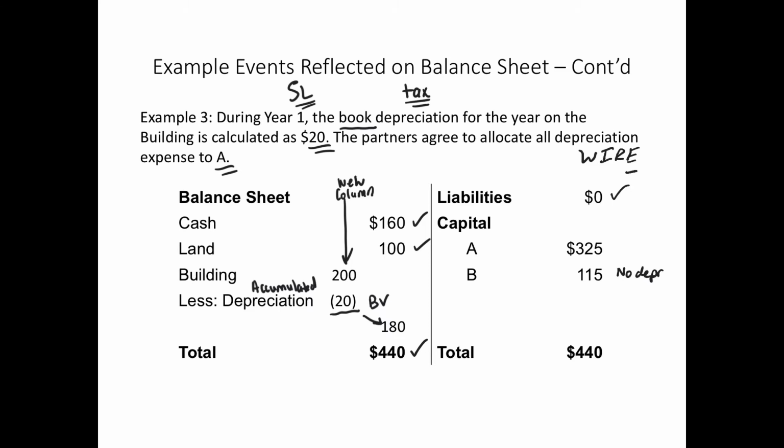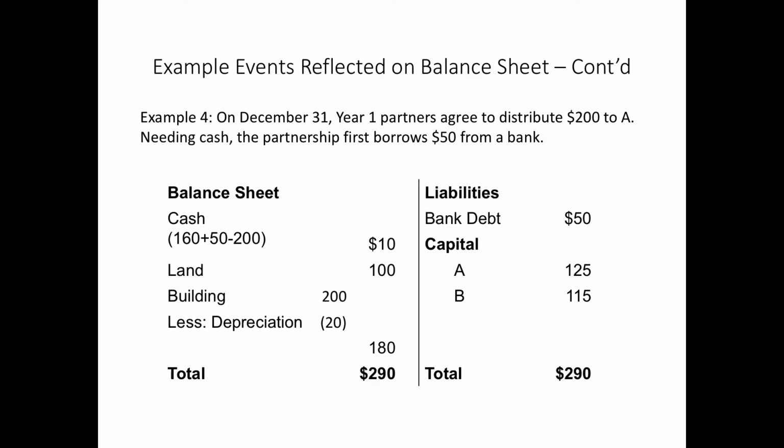So A's capital account was 345 in example 2. Now it goes down by 20 to 325. It decreases A's capital because it's the E in WIRE. So A now has 325. B stays at 115 because no depreciation is allocated, and we have 440. 440 equals 440. Boom. We're in balance. That is the purpose of the balance sheet.